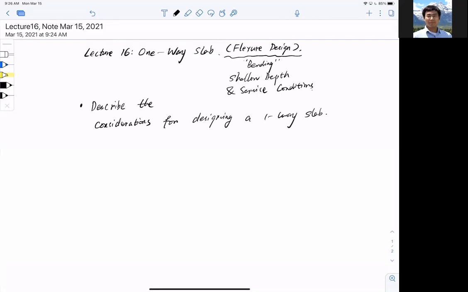All right, the second thing is that we ask you guys to know how to determine the area of reinforcement. Okay, this is a different concept now, area of reinforcement provided in the unit strip. That's another new concept here, unit strip.